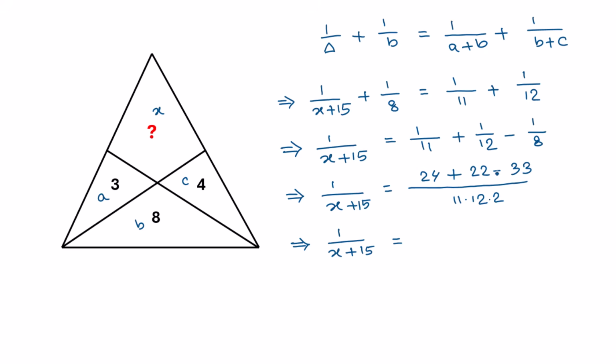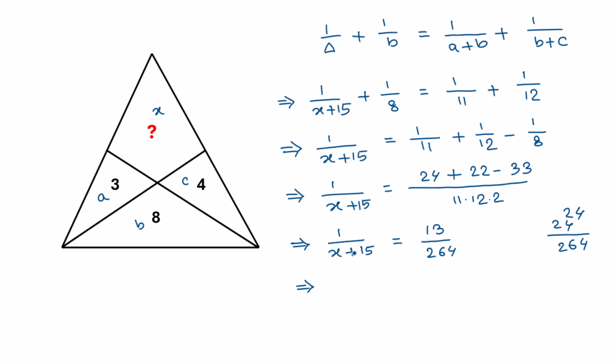Here 22 minus 33 is negative 11, and 24 minus 11 is 13, divided by 11 times 12 times 2. 12 times 2 is 24, and 24 times 11 is 264.